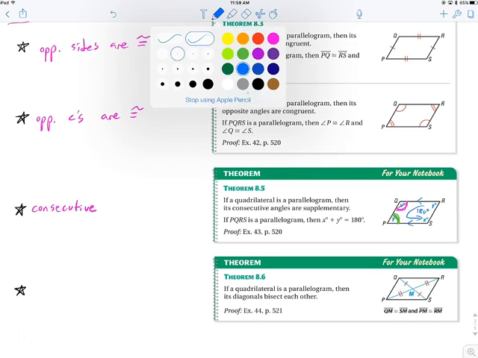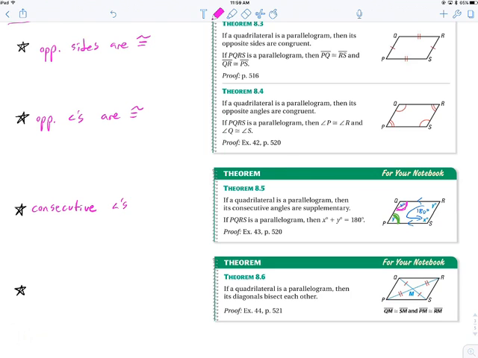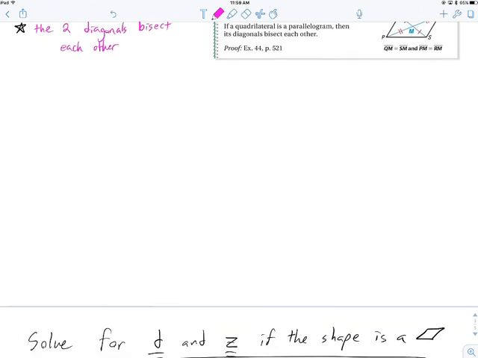So consecutive angles are supplementary or add up to 180 degrees. And finally, we have that the two diagonals bisect each other.